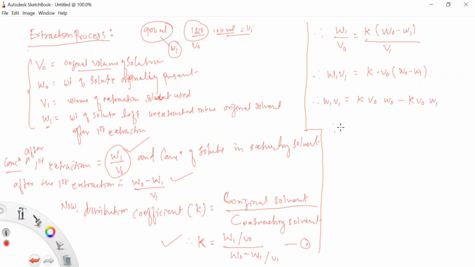So W1 into V1 plus K into V0 W1 is equal to K into V0 W0. W1 is common, so taking W1 outside, the bracket has K into V0 plus V1, equal to K into V0 W0.